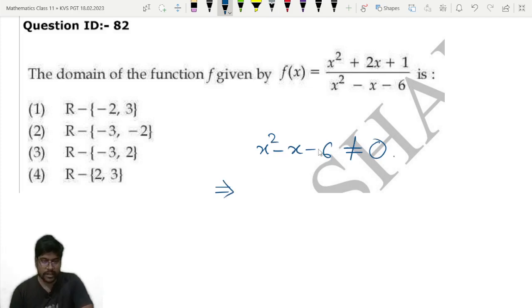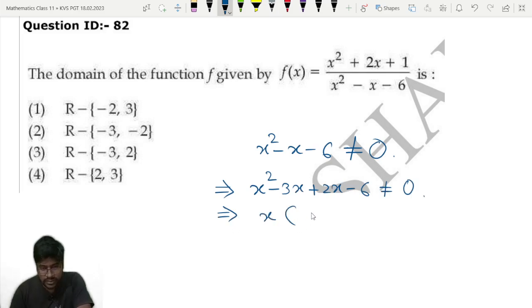So what is the meaning of that? Now just factorize this. 3 into 2 is 6, so I can write x square minus 3x plus 2x minus 6, that is not equal to 0. So x I can take common from the first two terms, and we will get x minus 3, plus 2 I will take common, so I will get x minus 3, which is not equal to 0.